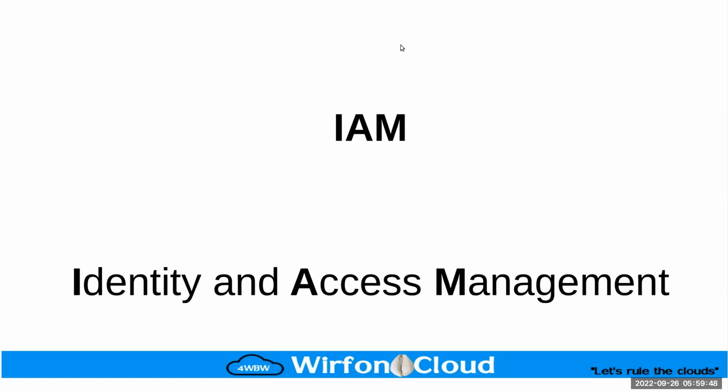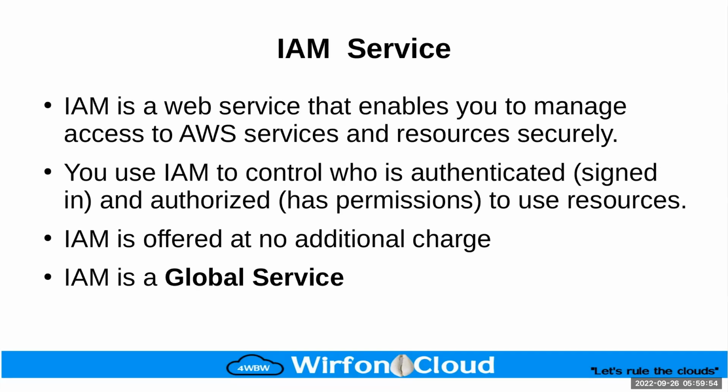So let's talk about the service IAM, Identity and Access Management. What is it about to offer? IAM is a web service that will enable you to manage access to AWS services and resources in a secure manner. Remember, cloud computing is the on-demand delivery of IT resources over the internet, right?